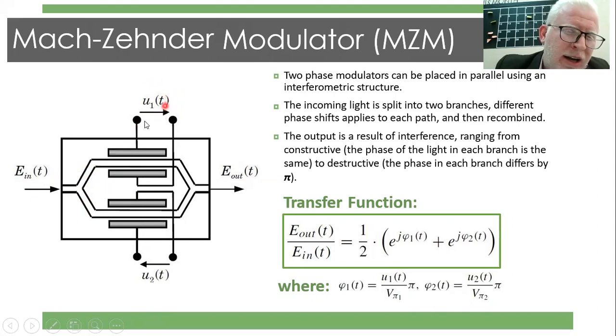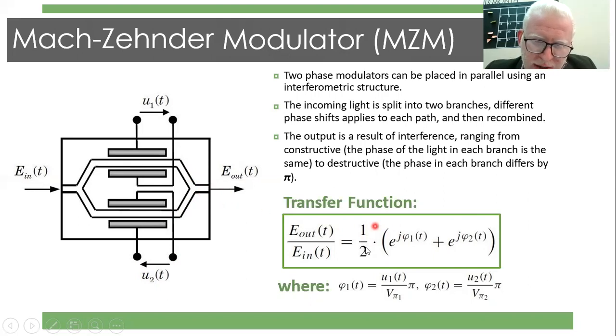Then the first half, which goes upward, will be affected by the voltage V1, while the second half, which goes downward, will be affected by the voltage V2, and then these 2 beams will interfere together to get the output.